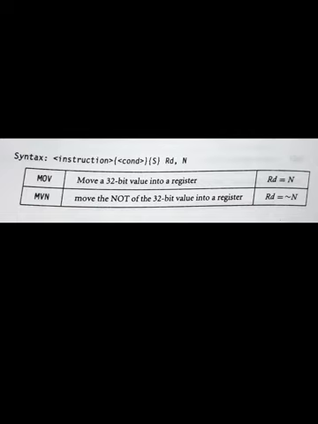Move instructions. Move is the simplest ARM instruction. It copies N into the destination register Rd, where N is a register or an immediate value. This instruction is useful for setting initial values and transferring data between registers.